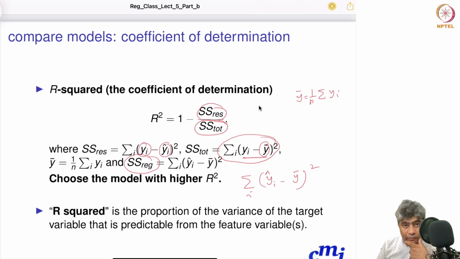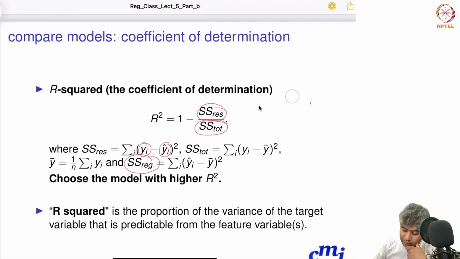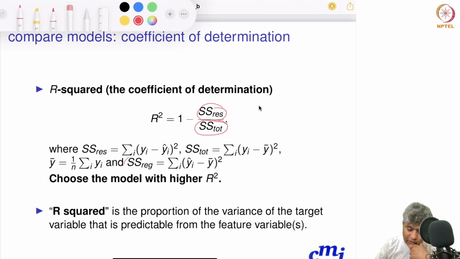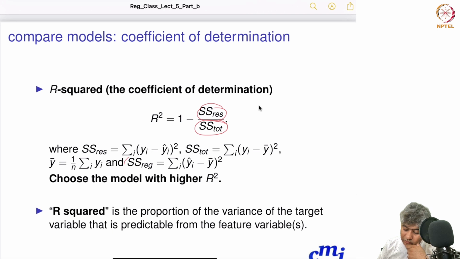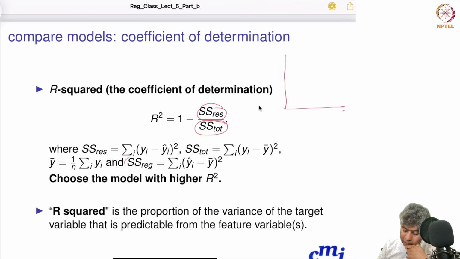Now, carefully, I'll try to draw a picture so that you get a slightly better sense of what is happening here. Suppose you have one x and one y. It is a simple straight line model that you are trying to fit through the points.